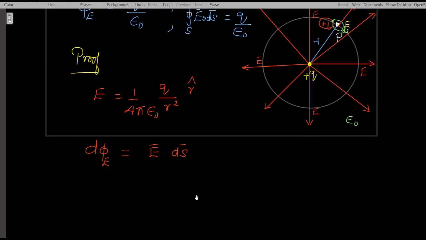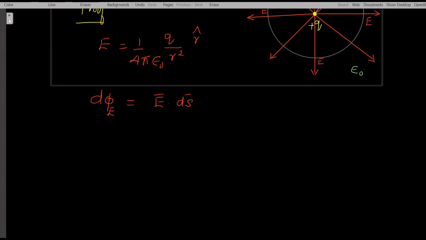So many dS areas are there on the surface we considered around the point charge plus Q. If we calculate all these d phi E over all these dS areas, we get the total flux crossing through the surface. So total flux crossing through the surface, let it be phi E, is equal to integration of d phi E. We are integrating over the closed surface. So many dS are there on the surface.